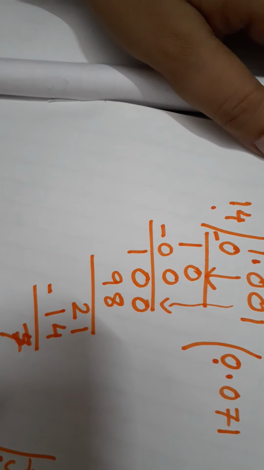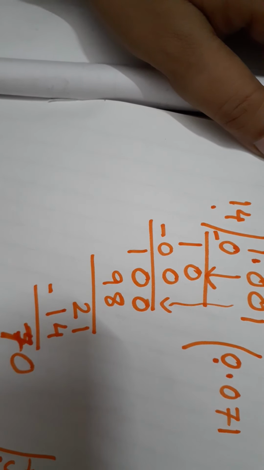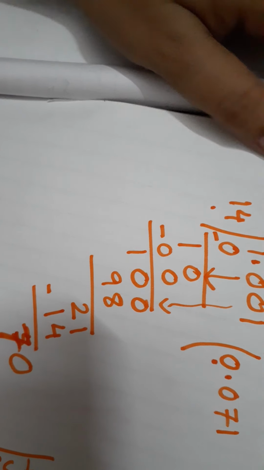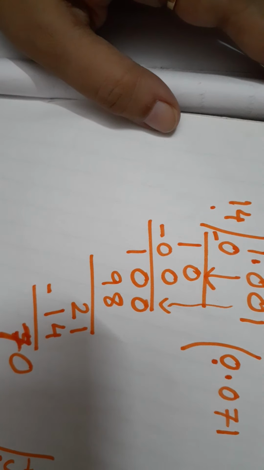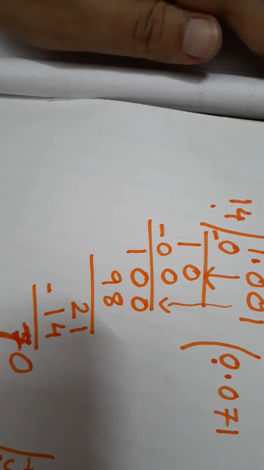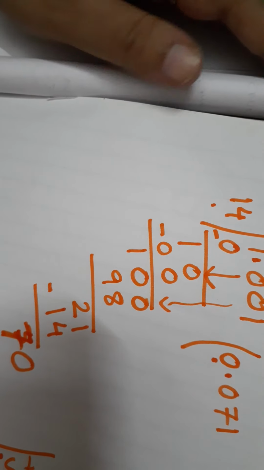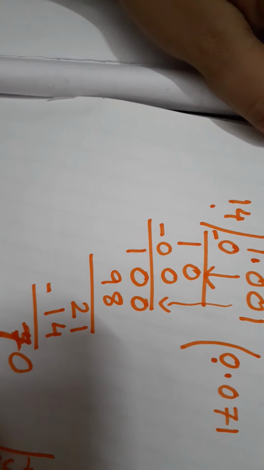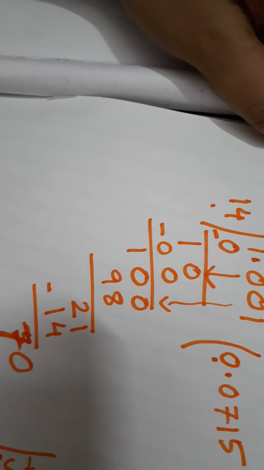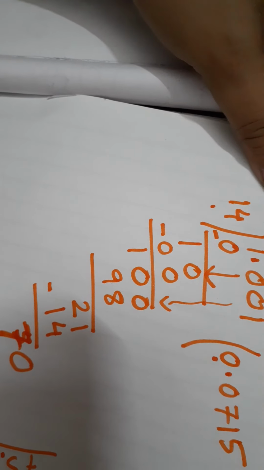After getting this 7, we can add one more 0 over here, because we can see the decimal point is already there. Now we know how many times 14 will go into 70. We know that 5 14s are 70. So 5 times this 14 will go.